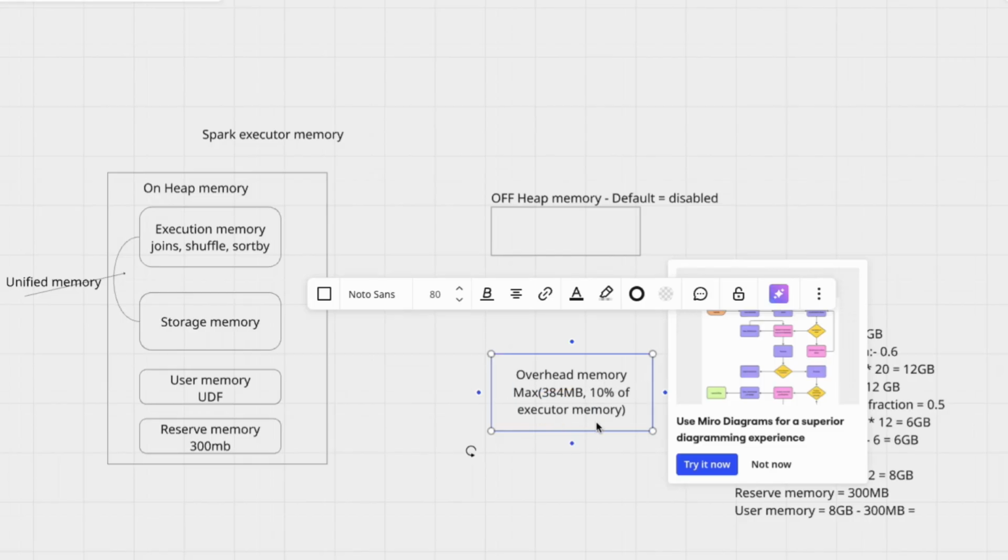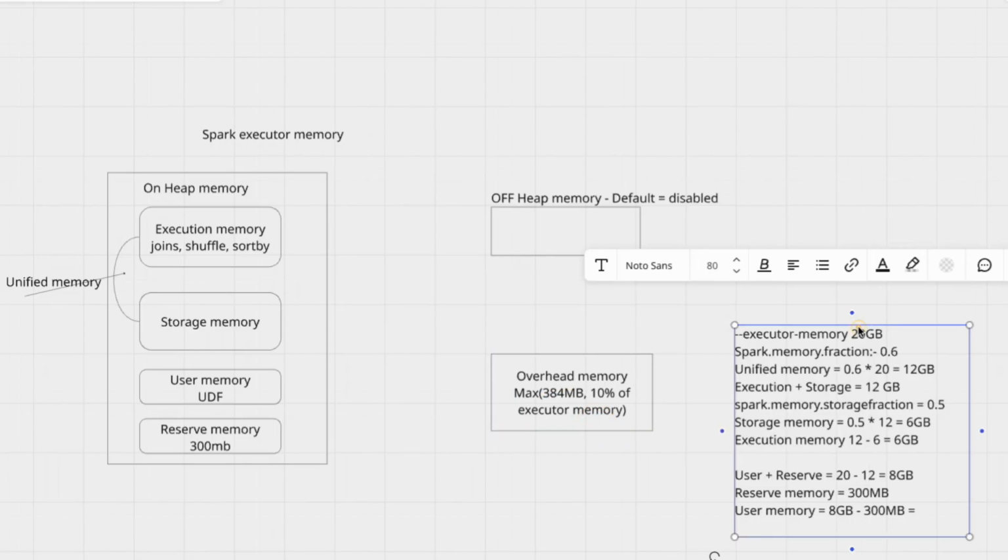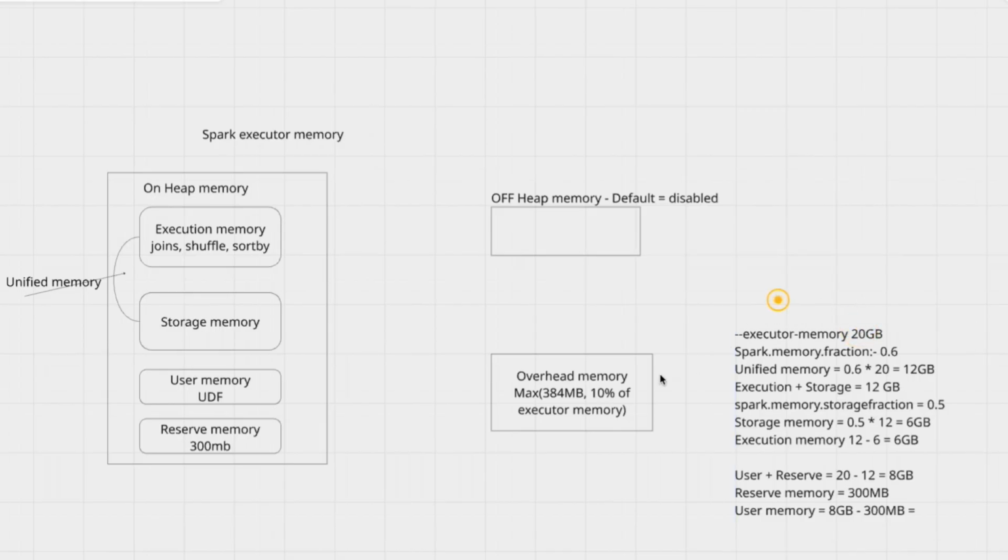Since we have assigned 12 GB, 10% of 12 GB is about 2 GB, either 2 GB or 384 MB, whichever is bigger. In our case, the 2 GB is bigger, so 2 GB will be assigned to overhead memory.